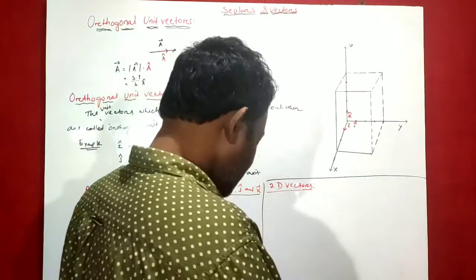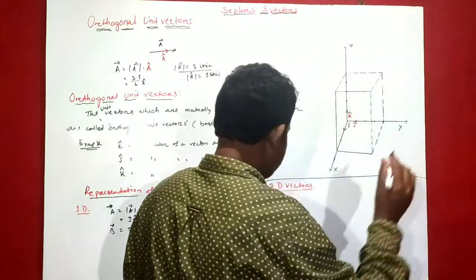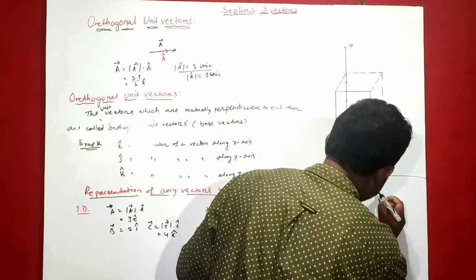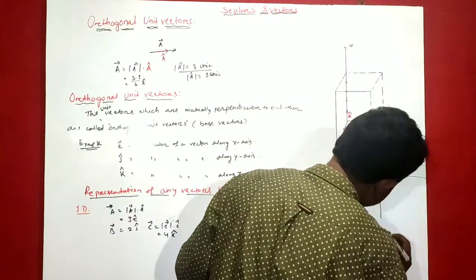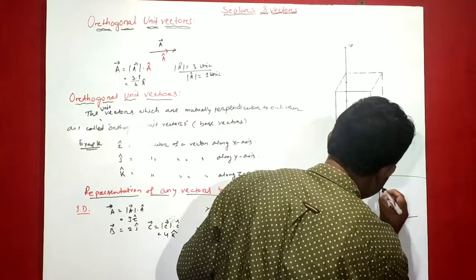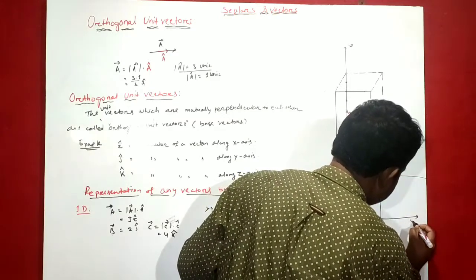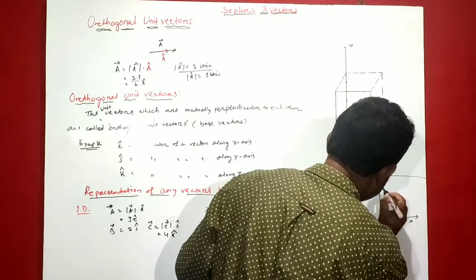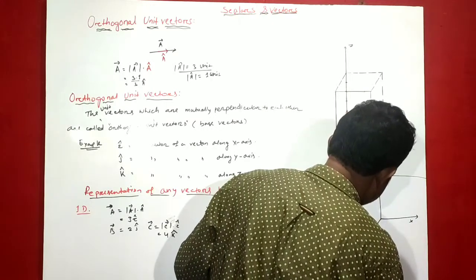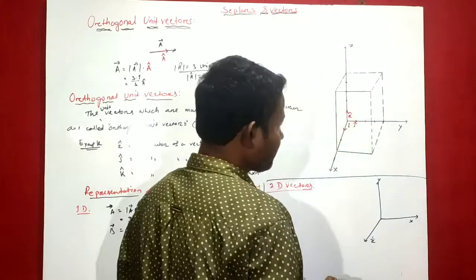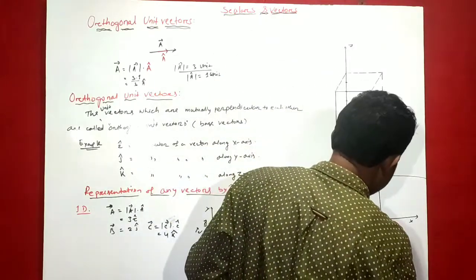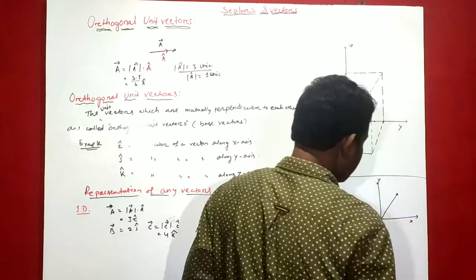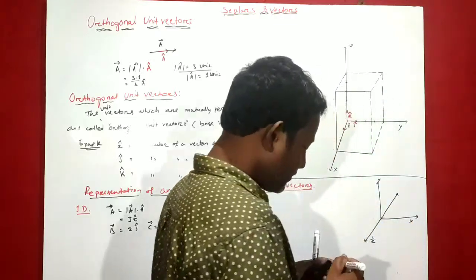So let me represent its geometrical representation. This is x axis, y axis, and z axis. Let vector A be on the xy plane.